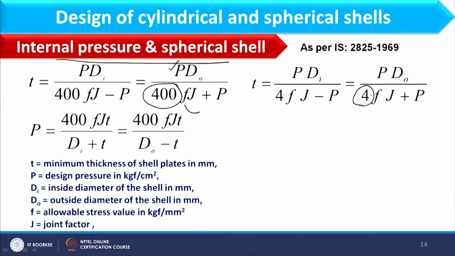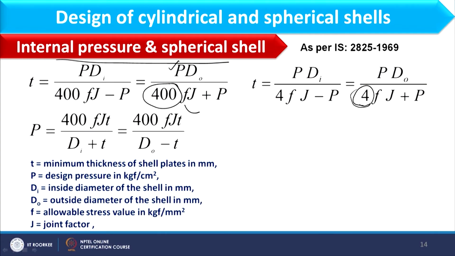Further, if I consider internal pressure and a spherical shell, as per IS 2825, here instead of 200 I have 400 because the acting area for pressure will be different. So, due to this 400 appears. Further, P and F will have different units and therefore this 400 is there.